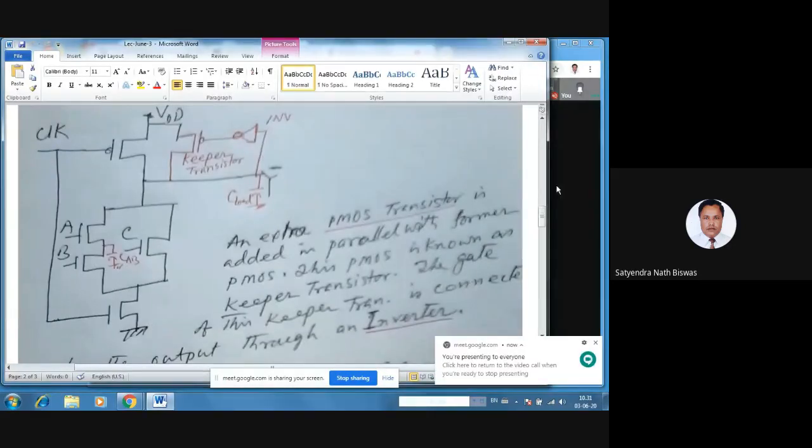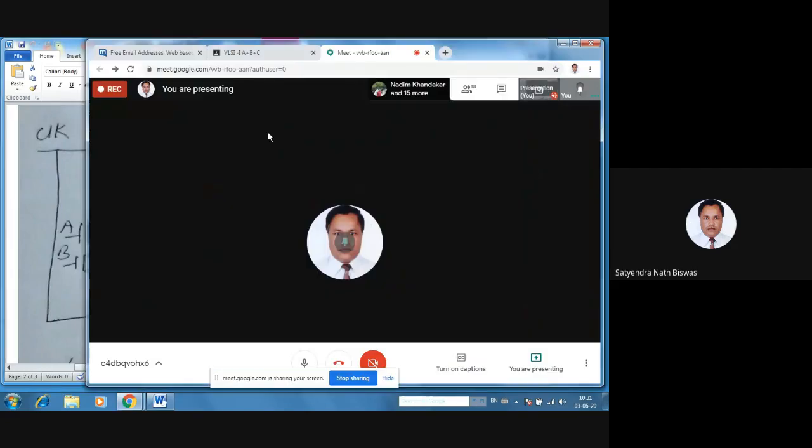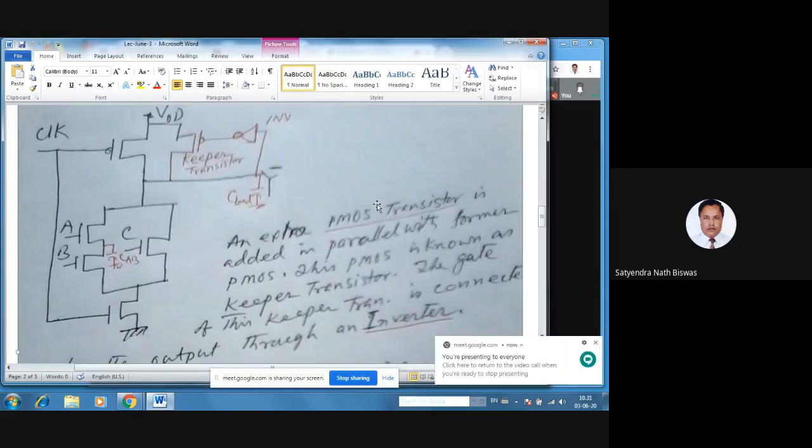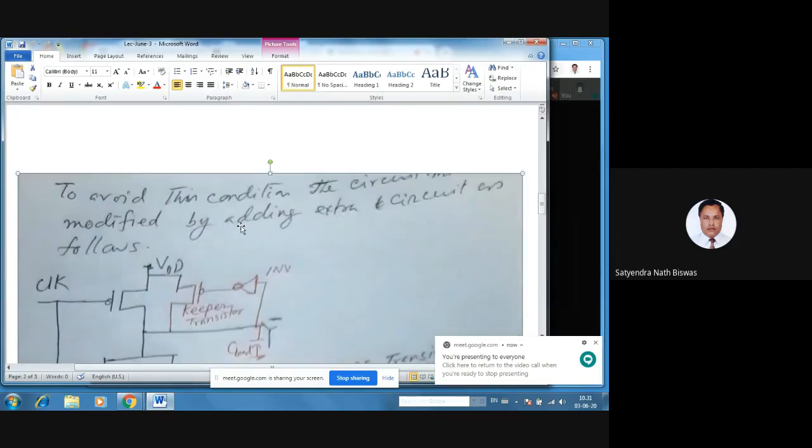Do you understand the problem, how to solve it? Any question? And by using an extra keeper transistor and an extra inverter, we can solve this problem, as we mentioned before.